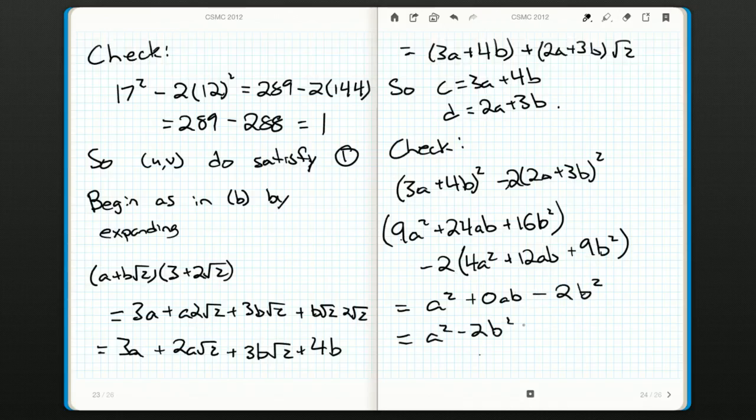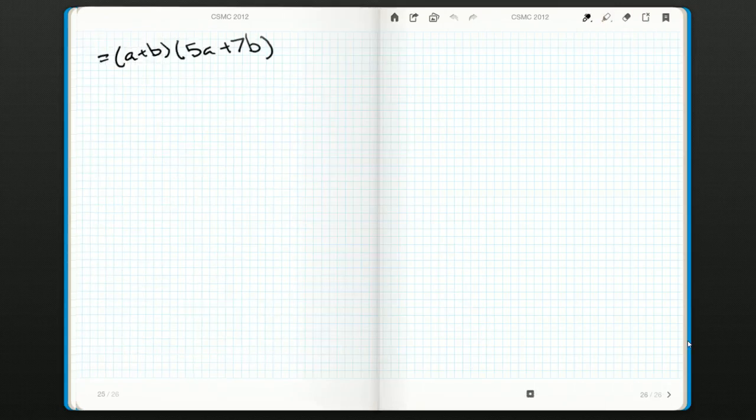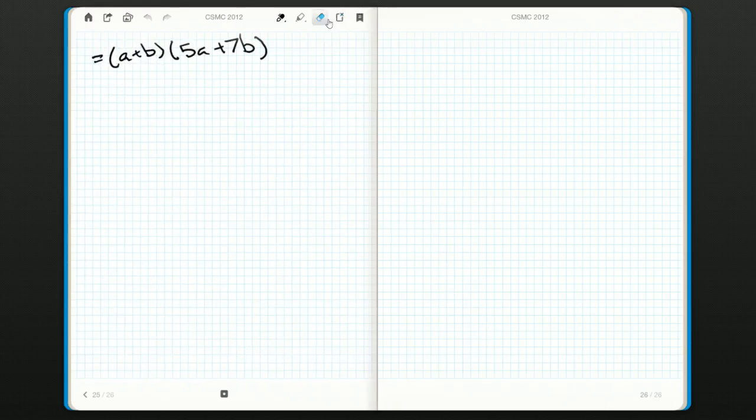A squared minus 2b squared, which is equal to 1. Now, that's just equation 1 in terms of a and b. So since a and b were told to satisfy equation 1, we know that this value is going to be 1. And we can get rid of this error.